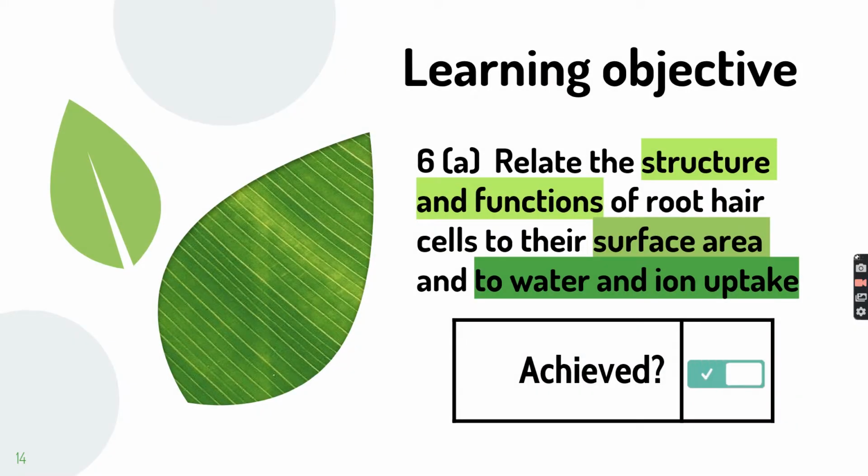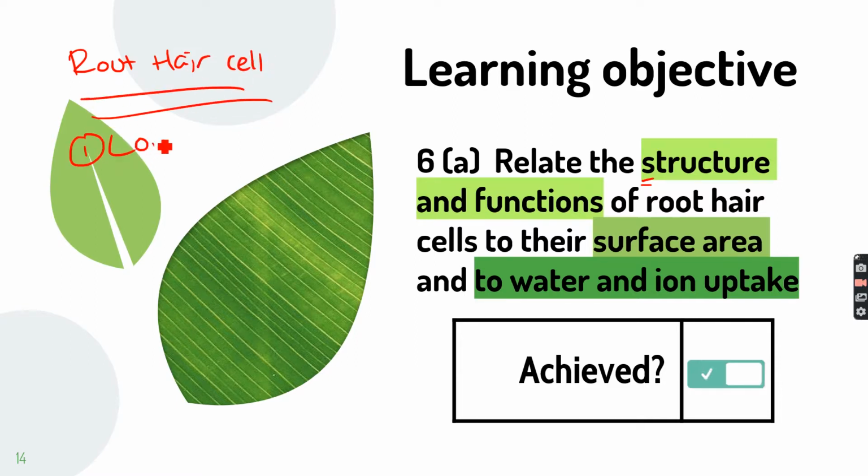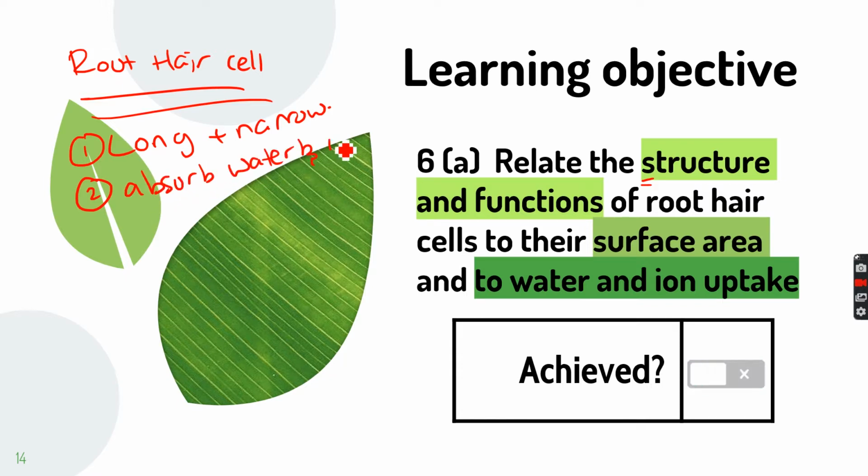Okay, so our learning objective was to relate the structure and functions of root hair cells to their surface area. We kind of talked about that a little bit. So what are the structures that we're looking at? You have the root hair cell. What structure is it? We say long and narrow. And what is their function? The function of root hair cells is to absorb water and mineral ions.